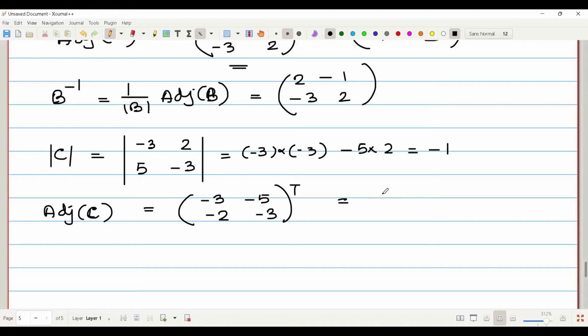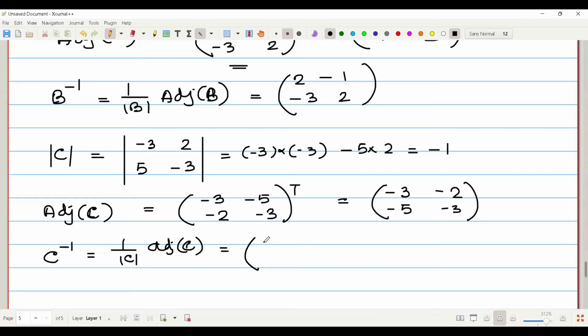Its transpose is minus 3, minus 2, minus 5 and minus 3. So C inverse means 1 by determinant of C and adjoint of C, as minus 1 is the determinant. So we have 3, 2, 5 and 3.